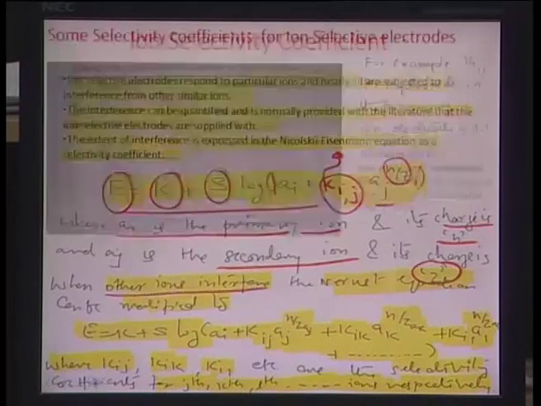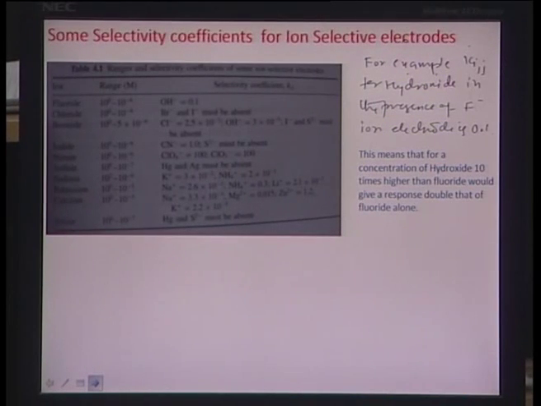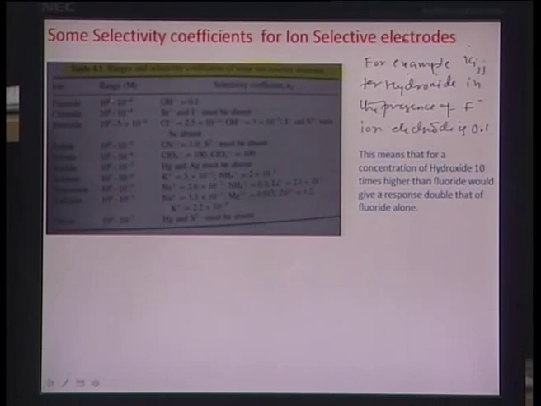Typical examples of Kij values are mentioned in Table 4.1, which lists the ranges and selectivity coefficients of some ion selective electrodes. If you want to measure fluoride ion, for example, let me take you back to the slide again.